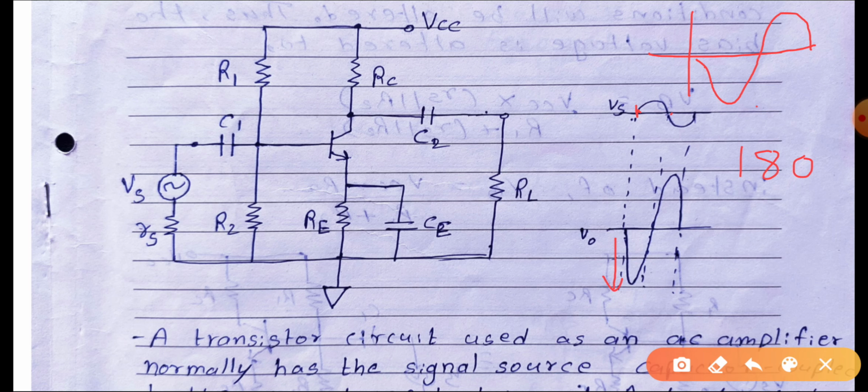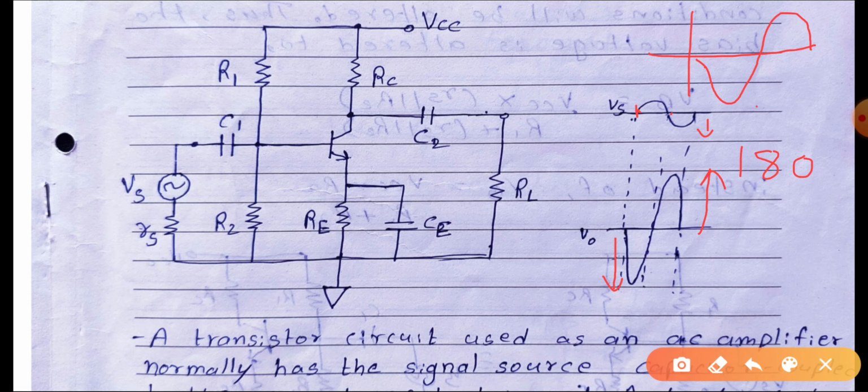And when the input voltage goes in negative direction, base current IB will also decrease, collector current will also decrease, resulting in voltage drop across RC, that is RC into IC, will also decrease. Hence the output voltage will increase in positive direction. So this is your phase reversal. This is very important part.